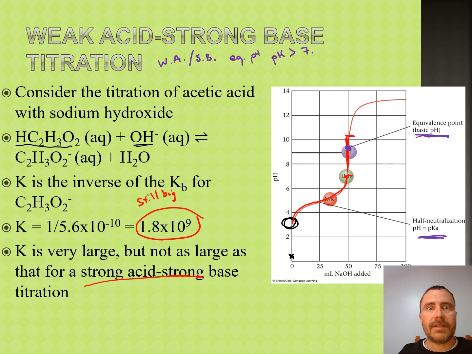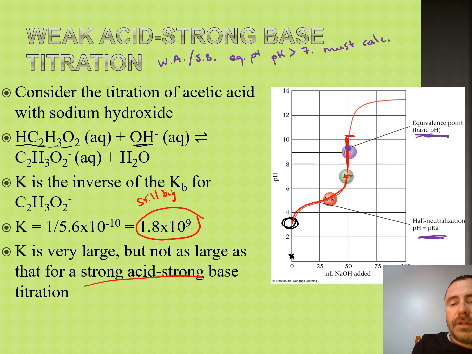When it was strong acid, strong base, it was right at 7. So we would just write down 7 if we had that as a question. Here, we must calculate this. And we're going to see how to calculate these before we get done with this chapter. But we have to calculate it at the equivalence point.